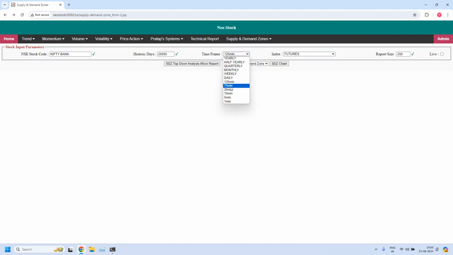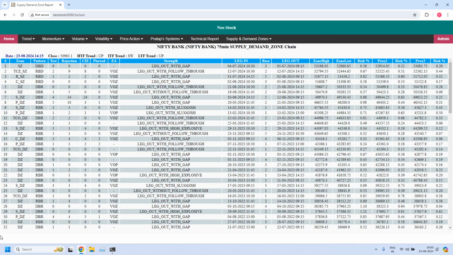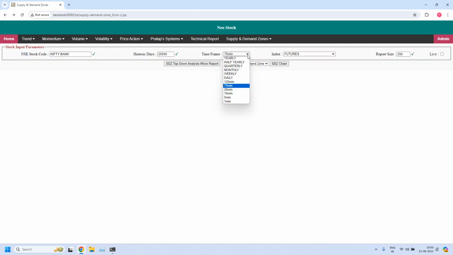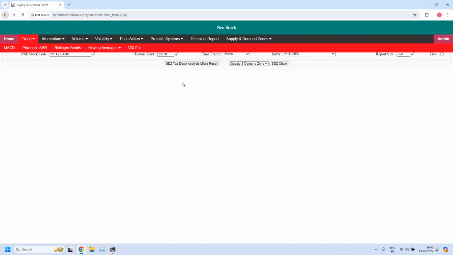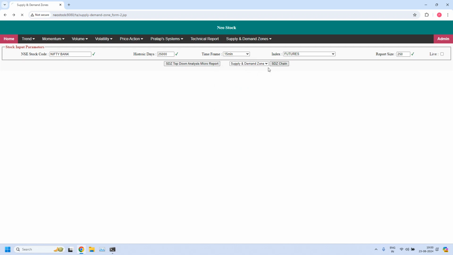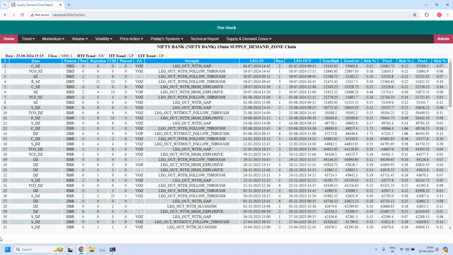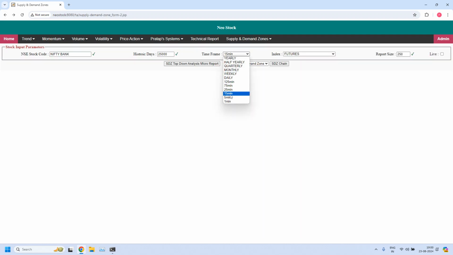And the next time frame is 75 minutes, then 25 minutes, then 15 minutes, and finally 5 minutes, generating the supply demand zone chain for BANKNIFTY each time.